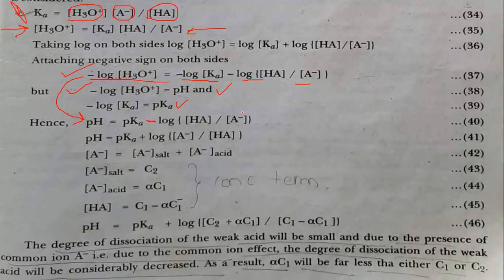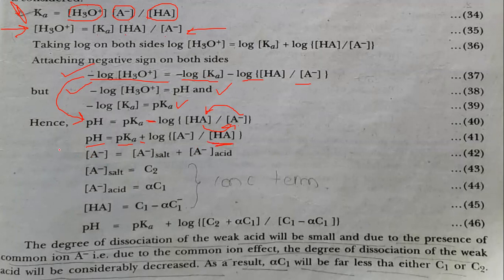If I take the denominator to the numerator and the numerator to the denominator, that sign is going to change. It will become plus. So pH is equal to pKa plus log of the concentration of A minus species upon the concentration of weak acid.